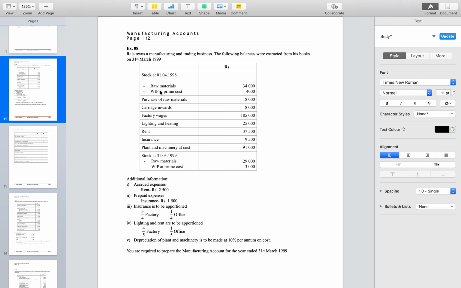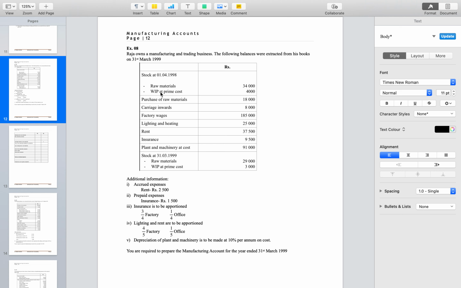Now in the 5 questions we have done, if you have not forgotten, work in progress is something that will always be taken at the end of the question. But in this question, as you can see over here, they say stock as at 1st of April, so that's the opening stock. So they're telling work in progress is taken at something called the prime cost.